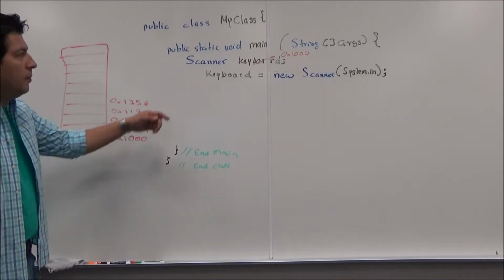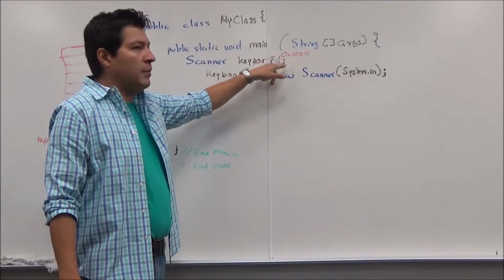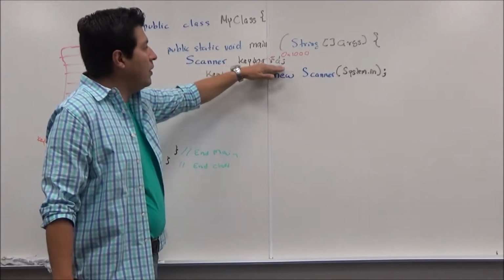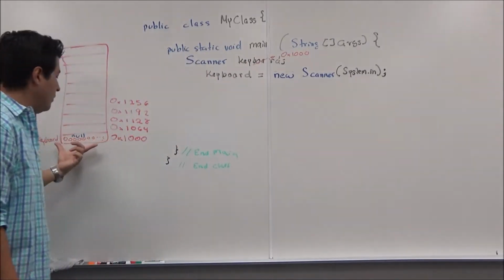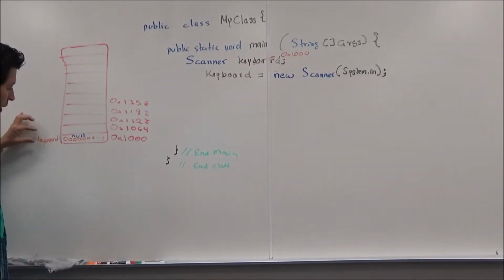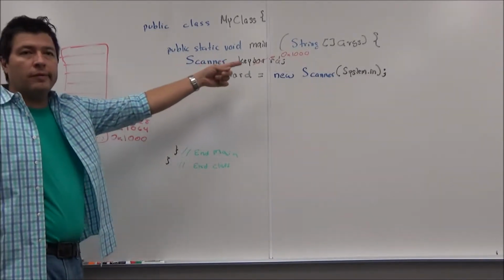Alright, so that semicolon is the end of the instruction, and now we've allocated this address here. So right now, this address 1000 is actually our keyboard. Right?